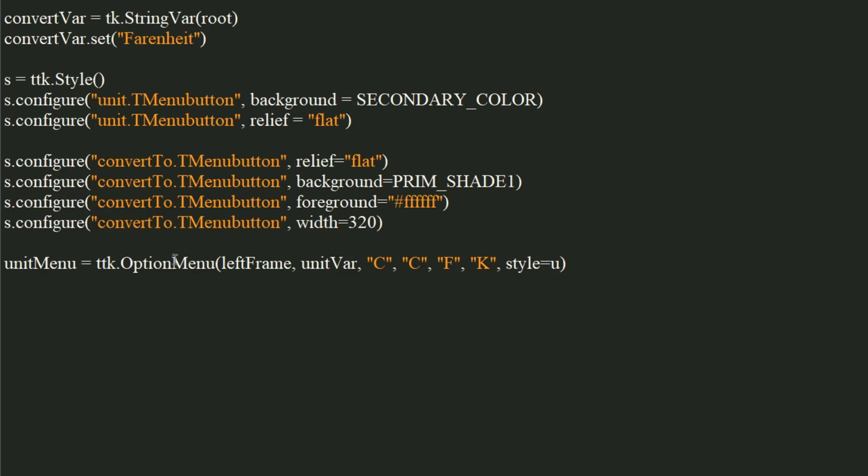Set the style parameter to unit.TMenuButton, which is the name of our custom style. Place the menu at 300, 160 coordinate. Also set its width to 50, and height to 42.